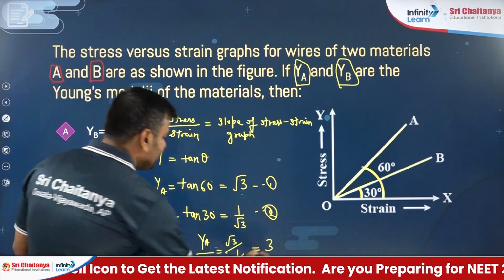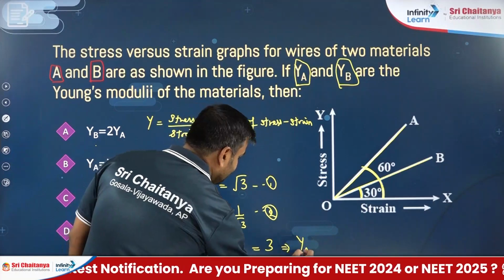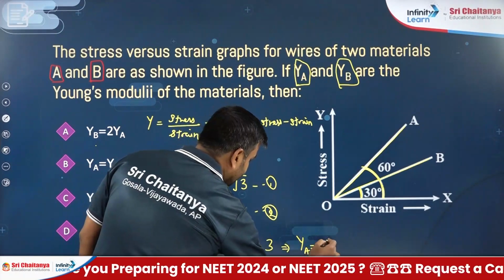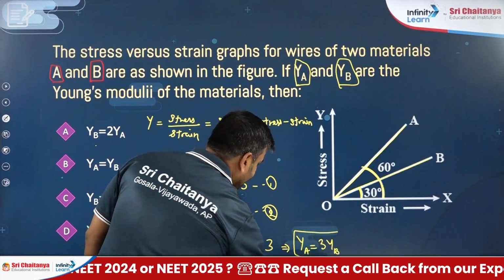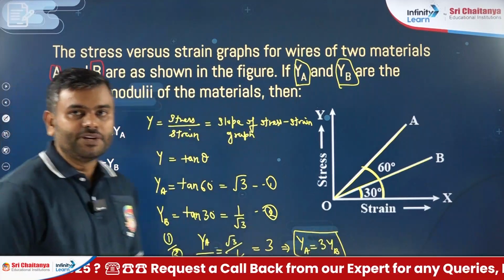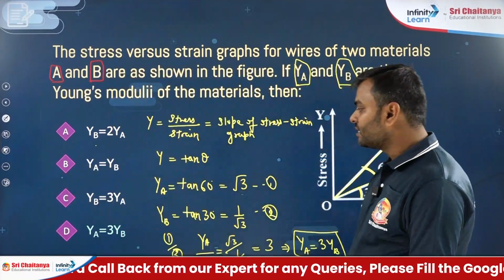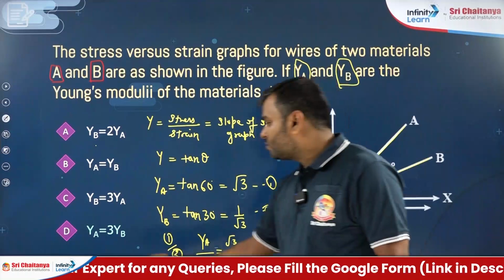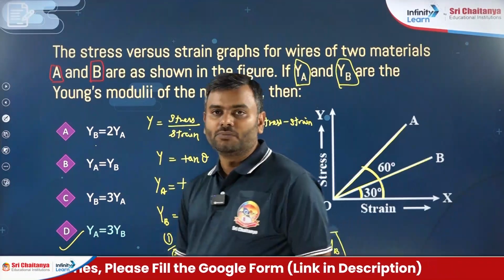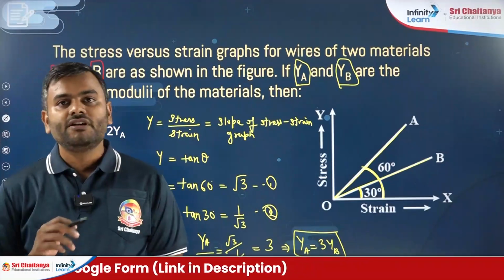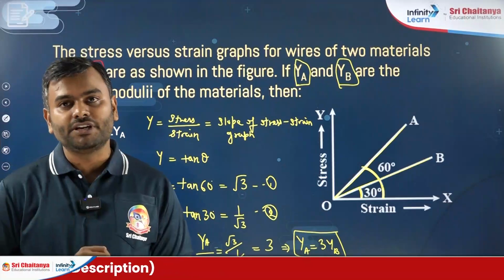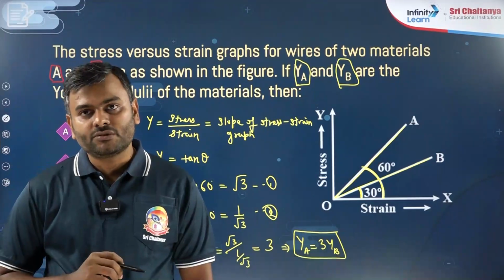From there we get that YA is 3 times YB. So you can see which option is giving us this relation. YA is equal to 3 times YB is given in option D. So option D is the correct option for this particular problem. I hope you have understood that. Let's move to the next question now.